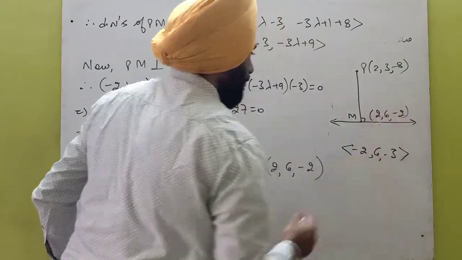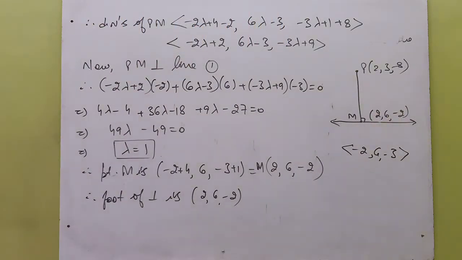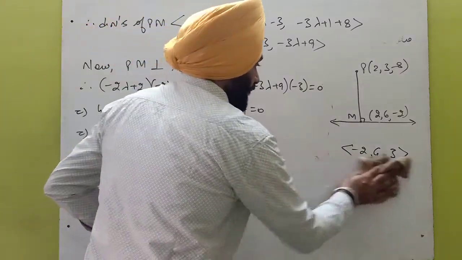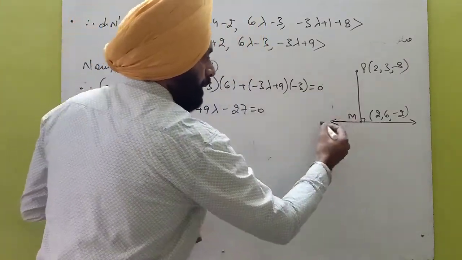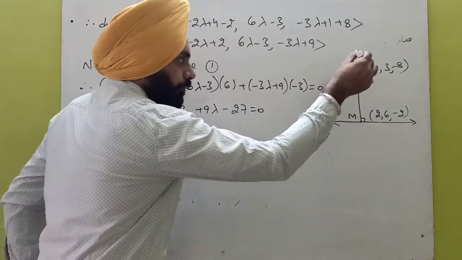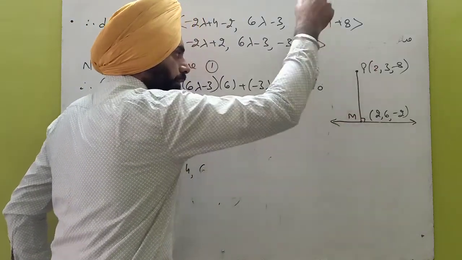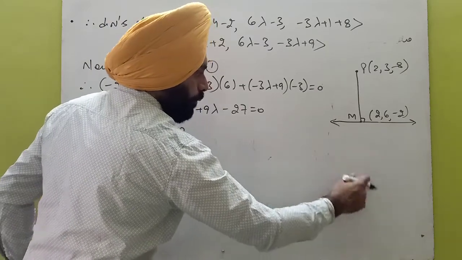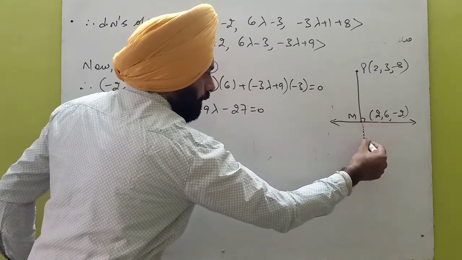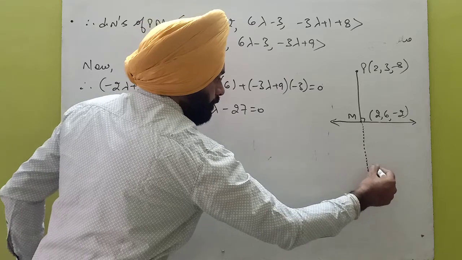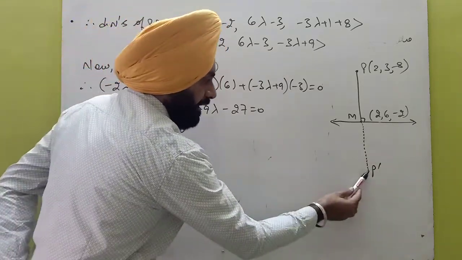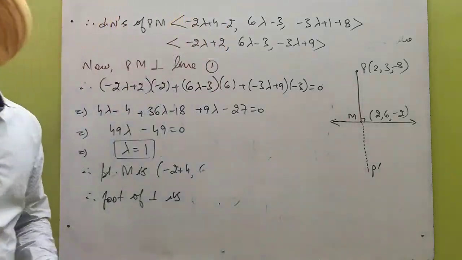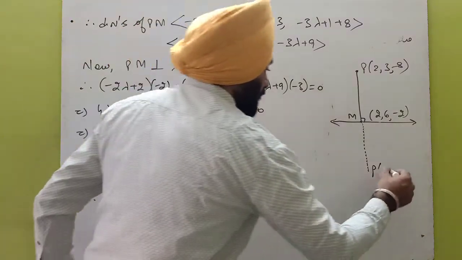Now we have to find the image also. Suppose that this line is like a mirror, and if we put the point in the upper portion, then there will be the image in the lower portion, and draw a line MP dash. Now P dash is the image of the point P, and we have to find the coordinates of the point P dash.